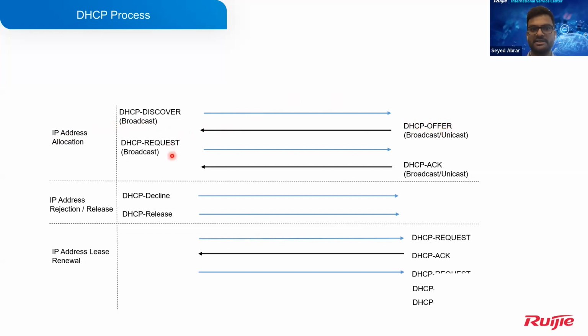Then the client, the host, requests the same IP address. The server will acknowledge it. Or in some conditions, if the IP address is already used, it will be declined and released.